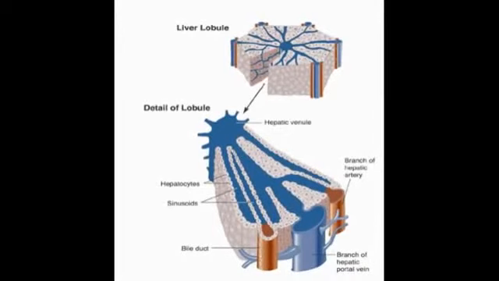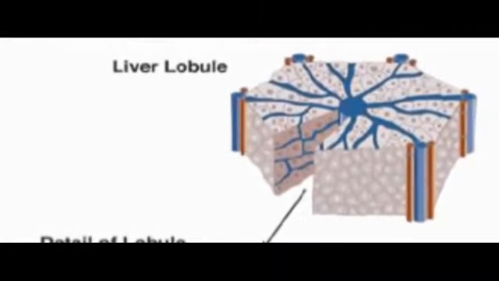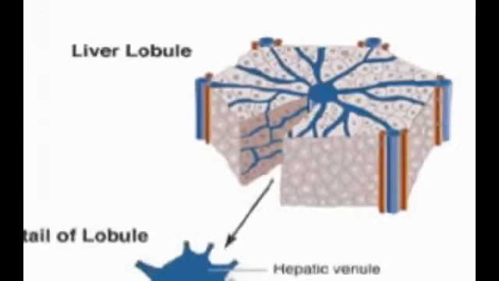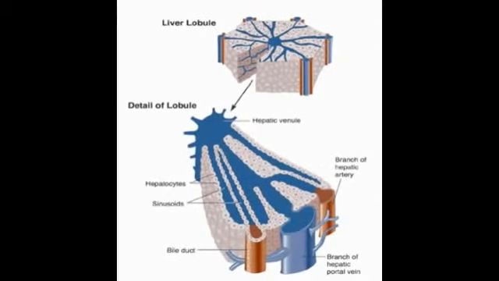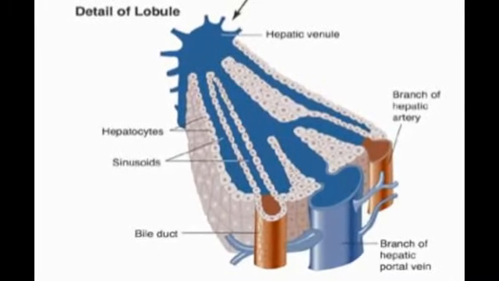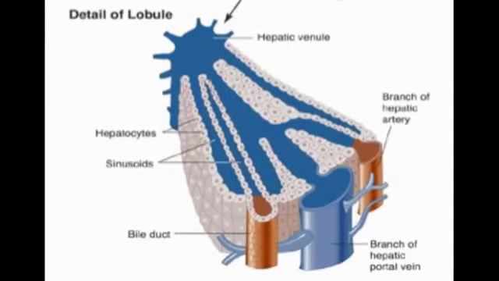On the 10th slide, this is what I call the cake piece of the lobule. You see, from the beginning, this is the hepatic venule, like a kind of leg, and all the venous non-oxygenated blood from the abdomen area comes there, then flows between the hepatic cells to reach all parts of the lobule and communicates with the branch of the portal vein.